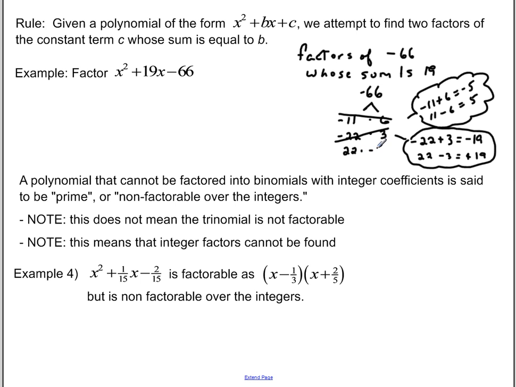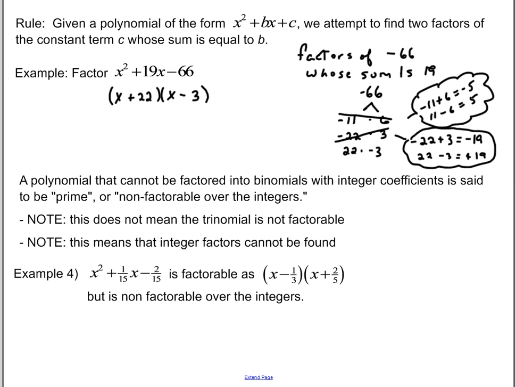So when we write up our binomial factors, we'll start with x, because x times x gives us x squared. Negative 66, well, that means we're going to have to take positive 22 and multiply it by negative 3, to get negative 66.